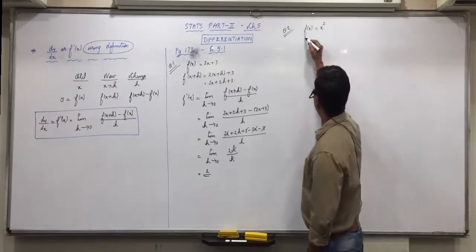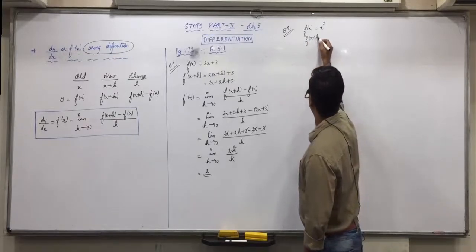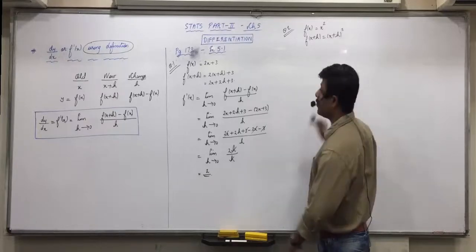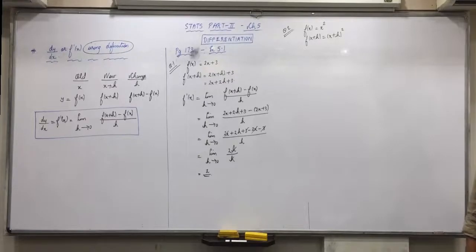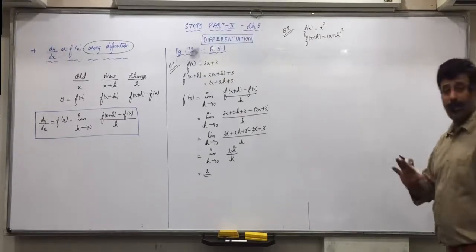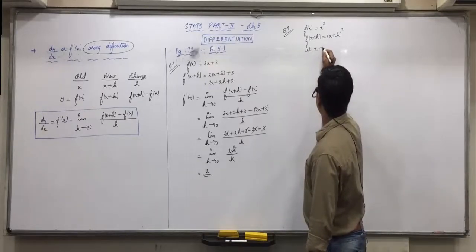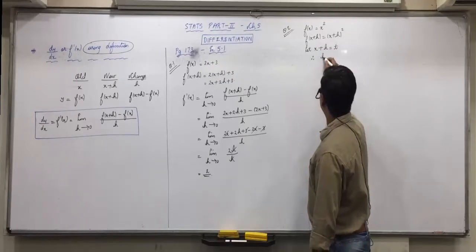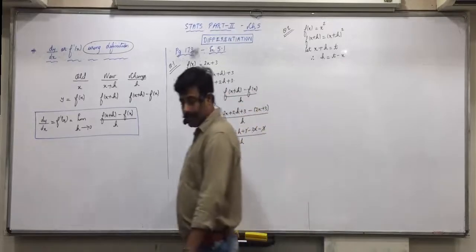So very first of all, f(x+h) will be (x+h) whole square. Don't take the a square plus 2ab plus b square formula. As I said, we'll do it in a more simple manner using the formula of magic. So we'll say let x plus h equal to t. So h will be equal to t minus x.